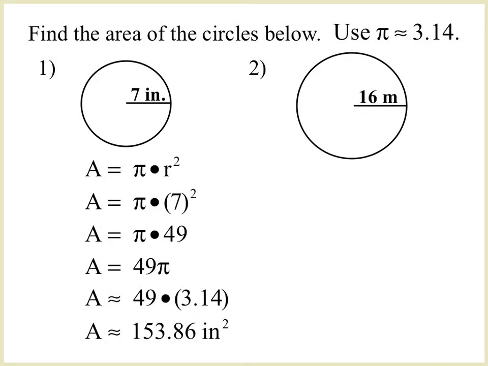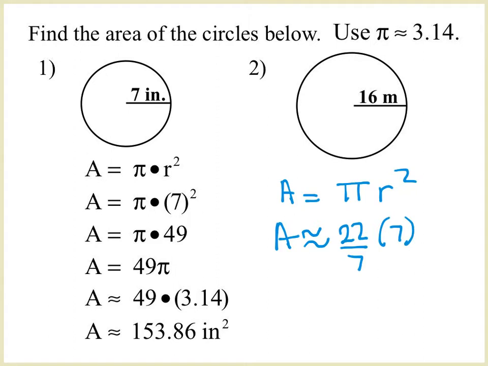Now, had I chosen to use the other method, I'm still working on number 1. Because this is a multiple of 7, the radius, area equals pi r squared. Okay, I'm going to substitute: area is about equal to 22 sevenths times 7 squared.